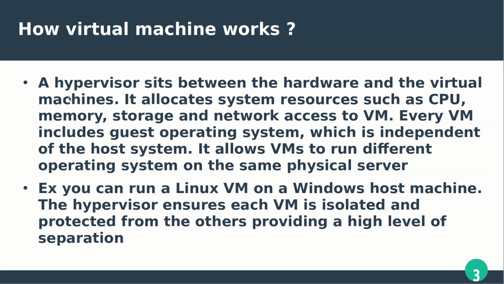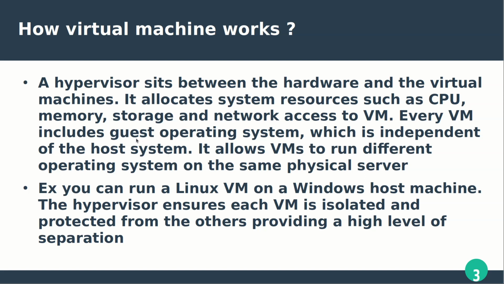How does a virtual machine work? A hypervisor sits in between the hardware and the virtual machine. It allocates system resources such as CPU, memory, storage and network access to the virtual machine. Every virtual machine includes a guest operating system, which is independent of the host system.